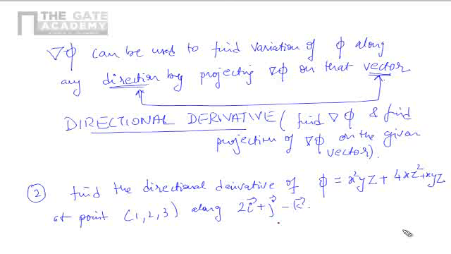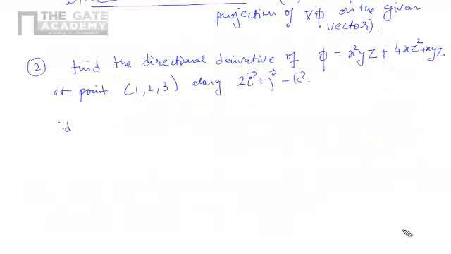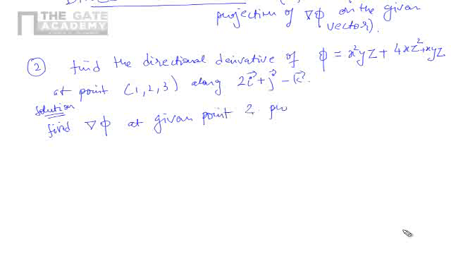This is what is told. So the solution is this way: find del phi at the given point and project it on the given vector. This is what we are going to do.